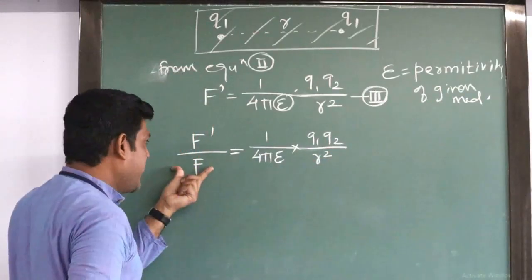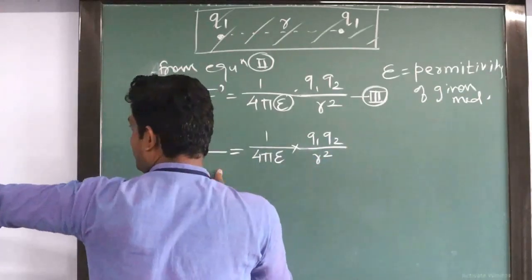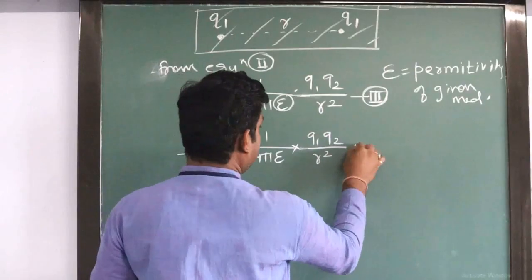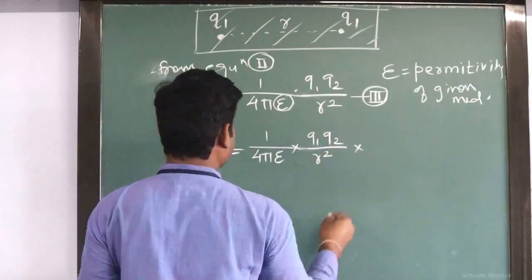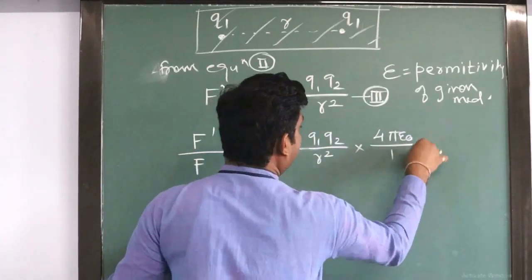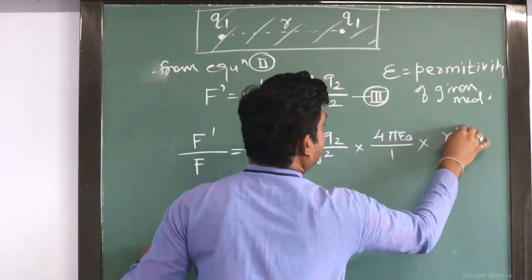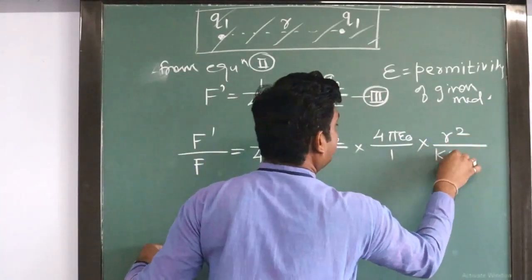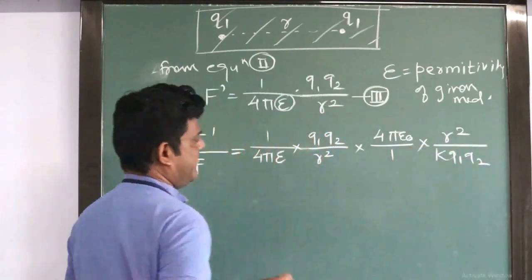What is the value of F? We know that F equals k Q1 Q2 divided by r square, that is, 1 divided by 4 pi epsilon 0 into Q1 Q2 divided by r square, right?